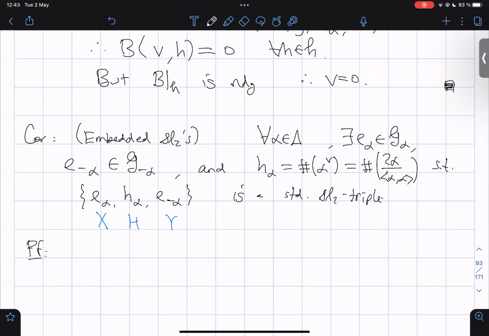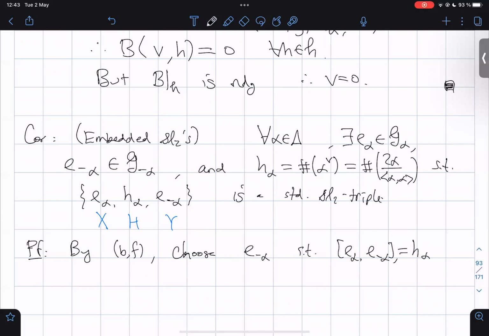We're just using these properties above. We're going to choose this guy so that you get this bracket relation here, which is one of the bracket relations for SL2. So we just need to verify the other ones. How does this H alpha act on E alpha?